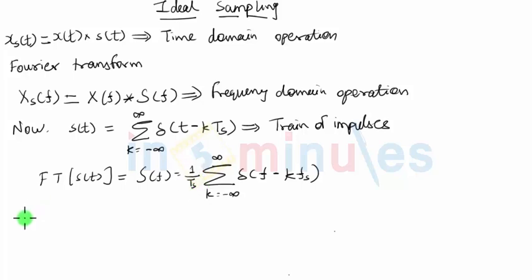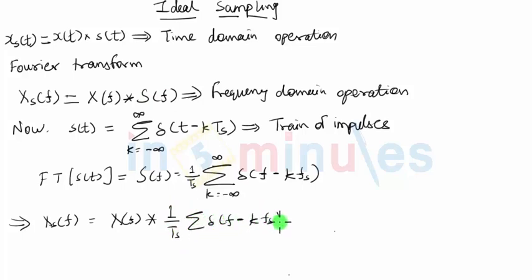So if I go back to my original expression, in which the sampled signal has the Fourier transform of x of f being convolved with s of f. Now s of f is nothing but, as we have just got, 1 by Ts summation of delta of f minus kfs.